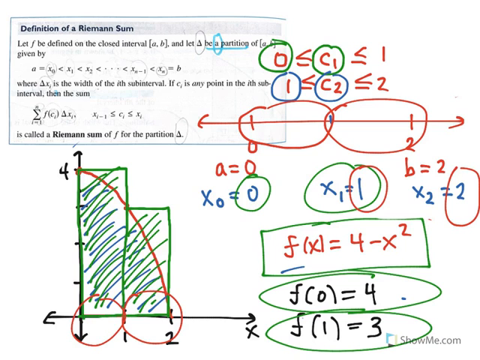And we're going to say, let's take the limit of this Riemann sum as the norm of the partition approaches 0. In other words, as n goes to infinity, and the more rectangles we have, the better approximation we should have for area. And we're going to say, by definition, the limit of this Riemann sum as the norm of the partition goes to 0 will give us the exact area.